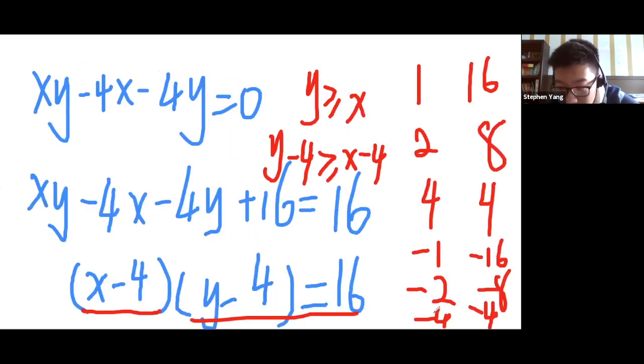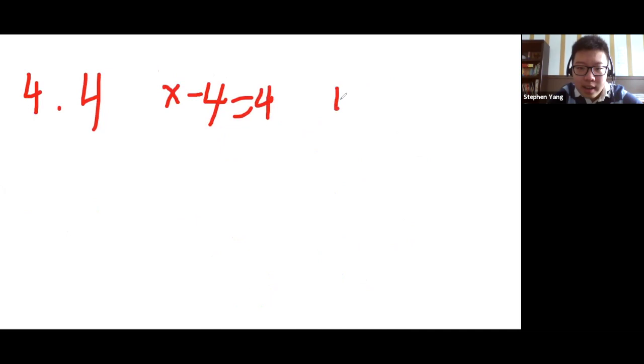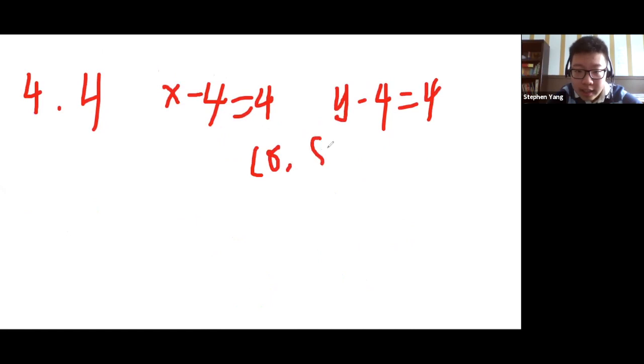The next pair would be 4 and 4, and they're equal, so it doesn't matter which one equals which. And we'll get a pair which is 8 and 8.